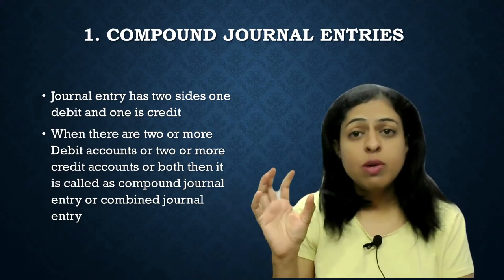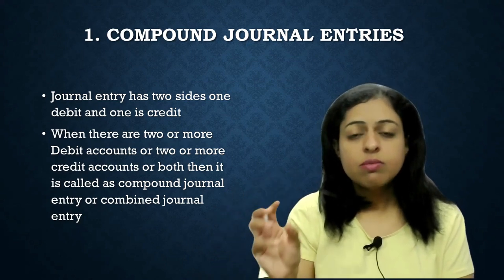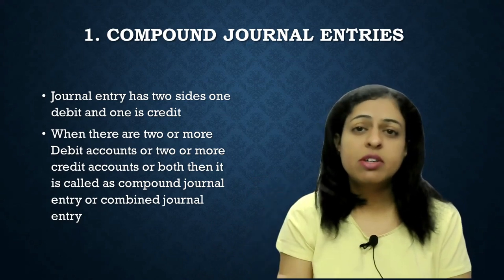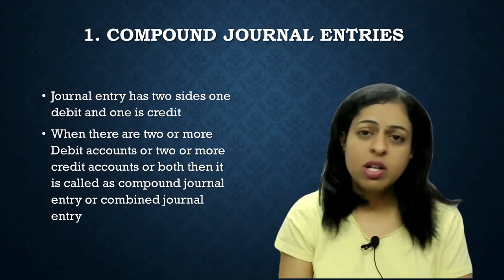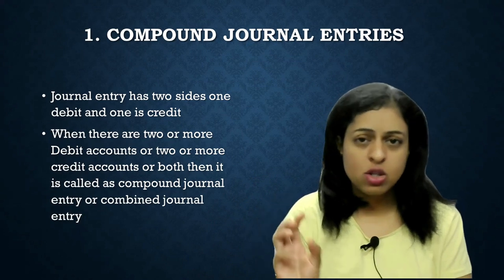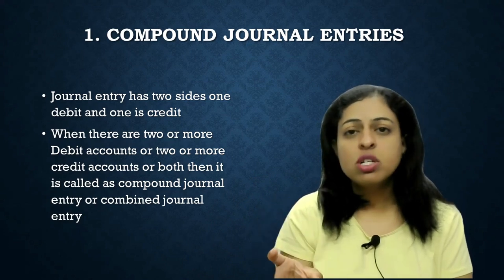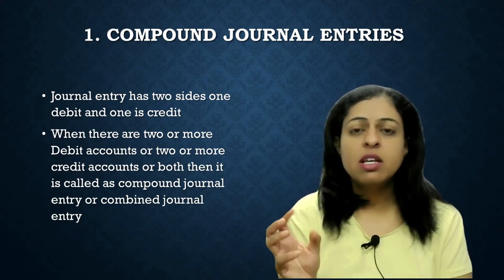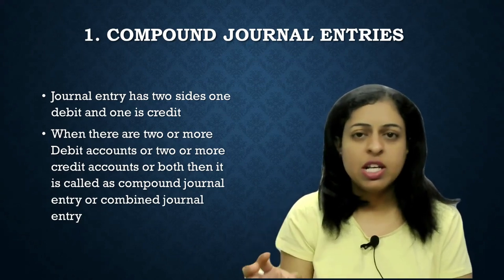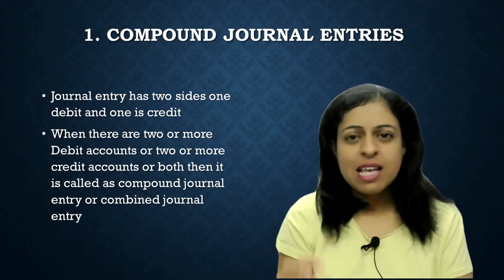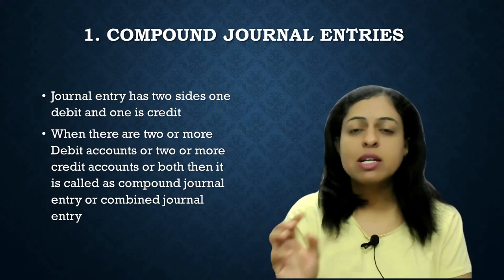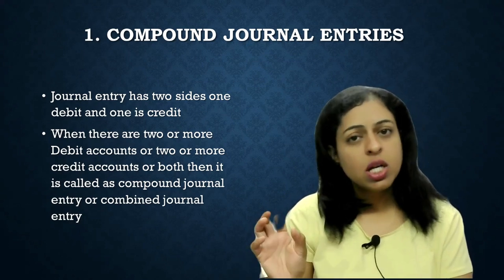There could also be more than one debit accounts and more than one credit accounts in a single entry. So this is what is basically a compound journal entry. Now we will see examples of compound journal entries to understand this particular concept more clearly.